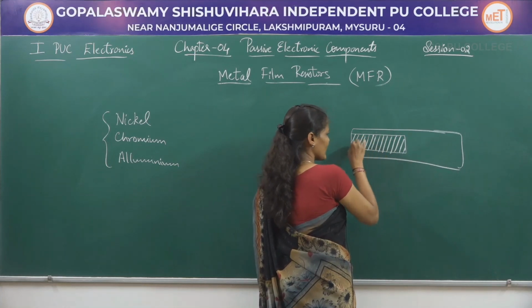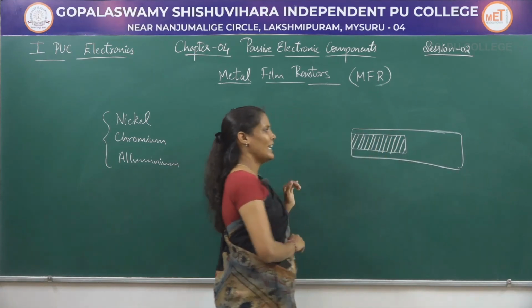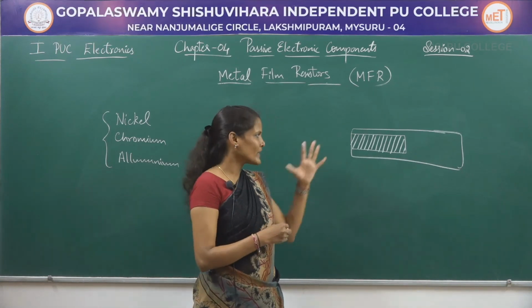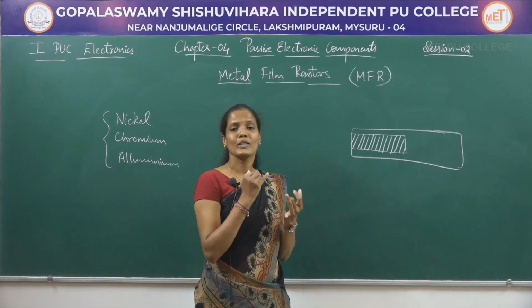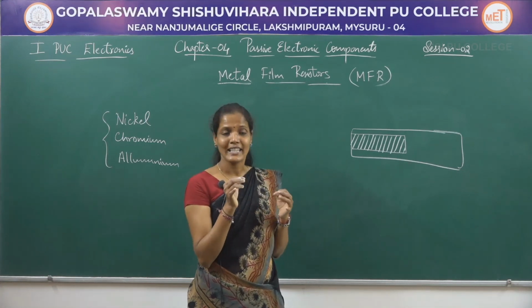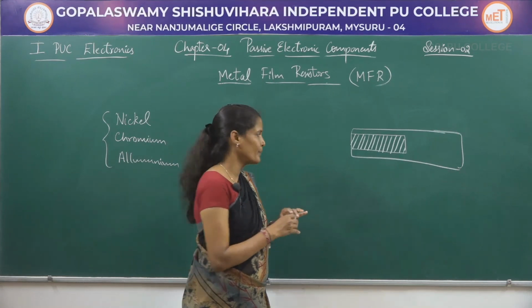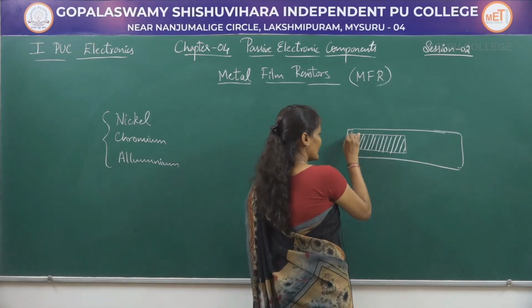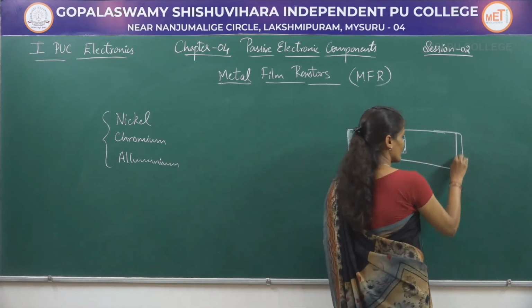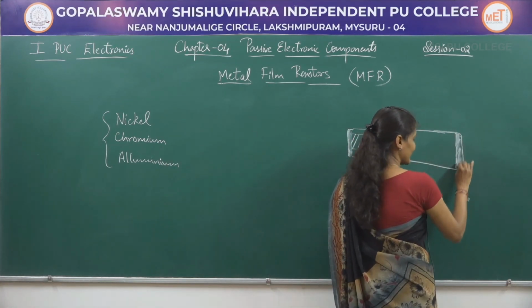The width, length as well as the thickness of the spiral indicates the resistance value of this resistor. Then metal caps will be provided on either end of this resistor for external connection purpose.